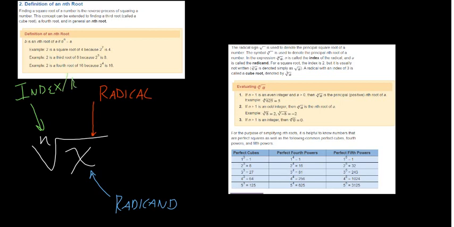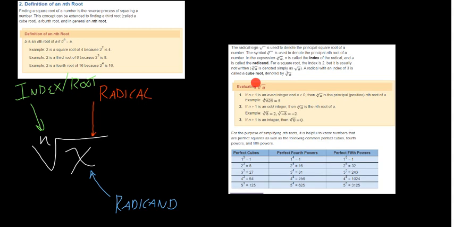It is often referred to as a root as well. And of course, if there is nothing there, if this is empty, we know that it is an implied square root, right? All right, so that takes care of that.